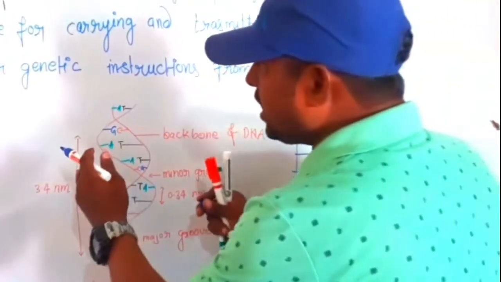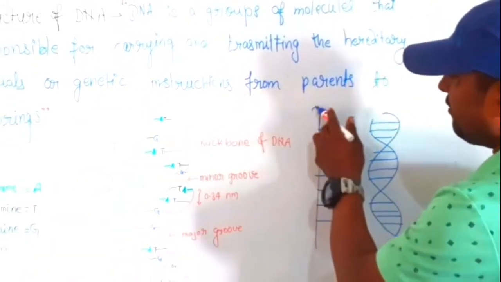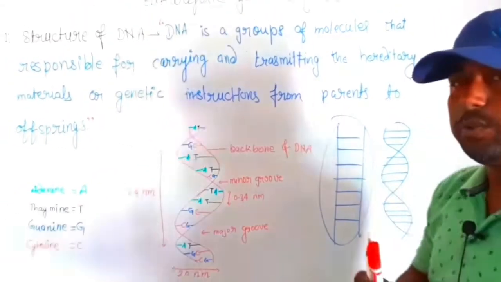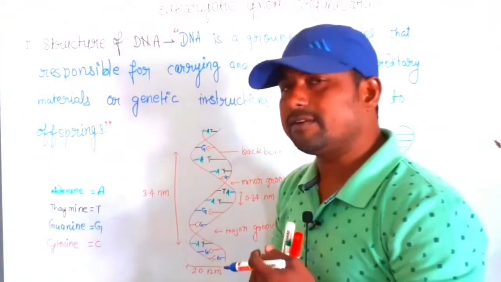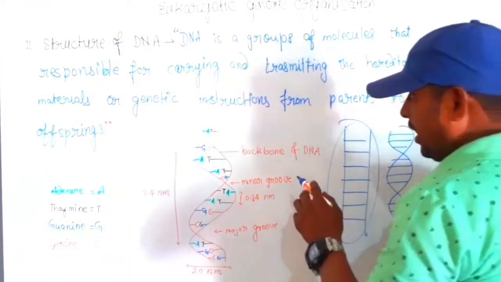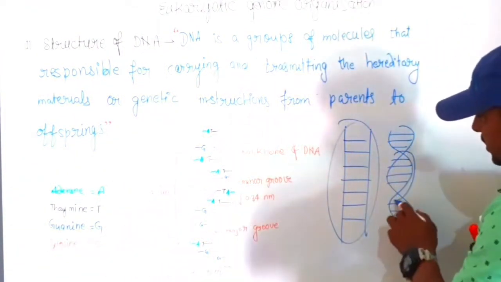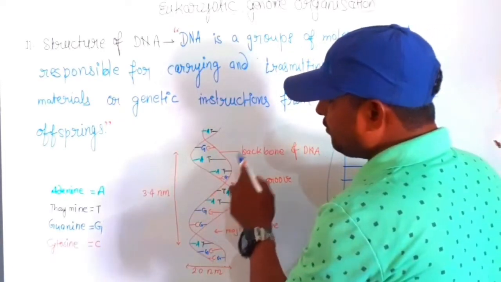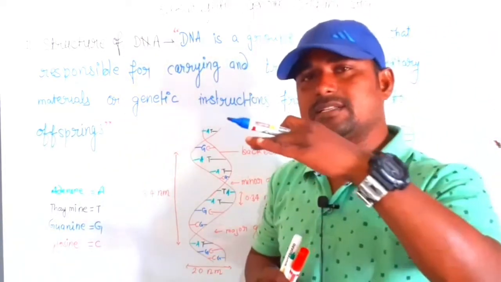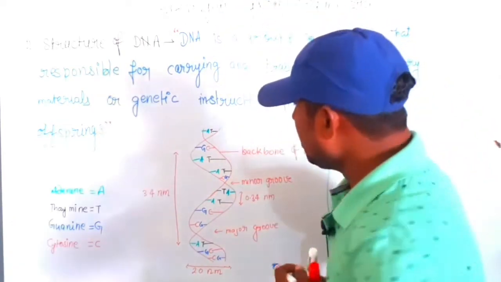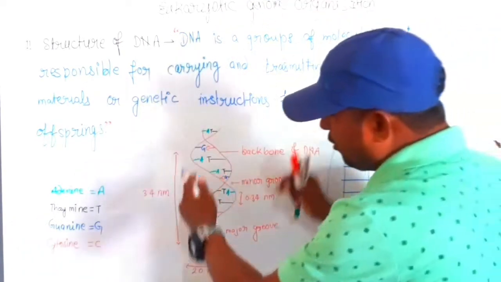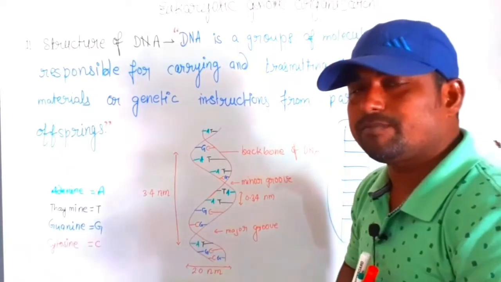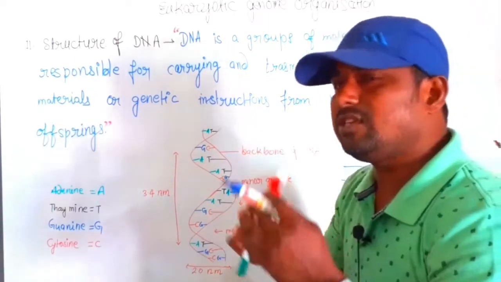So DNA is also a twisting of a ladder. Every twist has 1, 2, 3, 4 stairs, and such twisting makes some features.